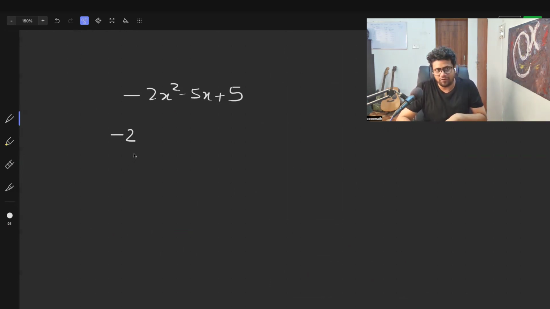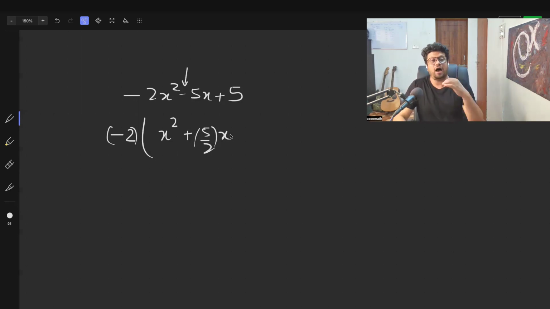When you take a negative 2 out, you're going to get an x square, and you're going to get a plus 5 by 2x in there. Remember, what you write here, when multiplied by a negative 2, should give you a negative 5. That's how you take a negative 2 out.